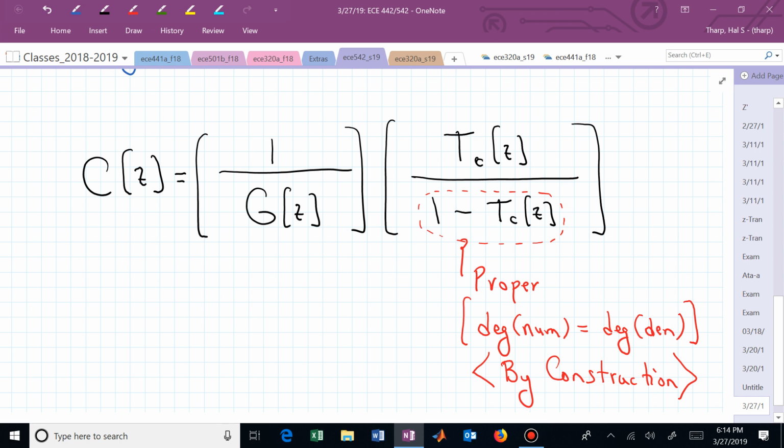But now if I preserve the pole zero excess in G of Z with T sub C of Z, or I have at least the same pole zero excess, I'm not going to make a non-causal controller.